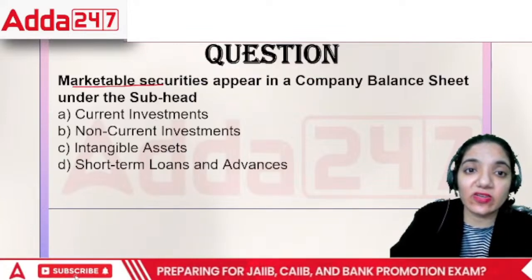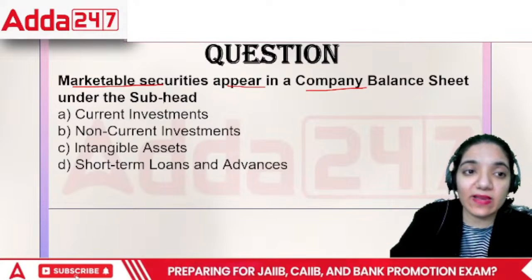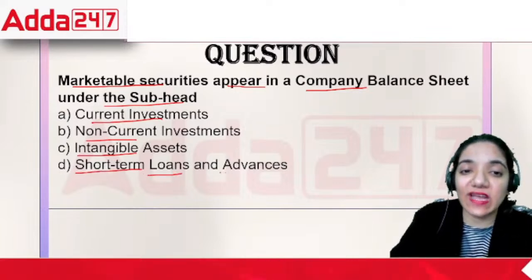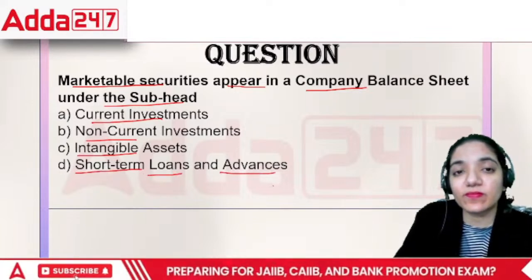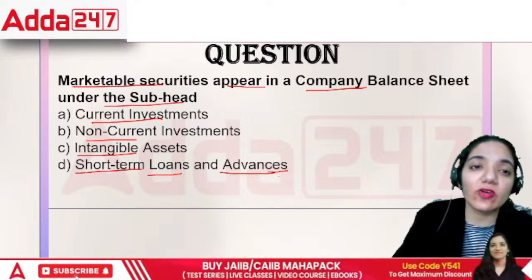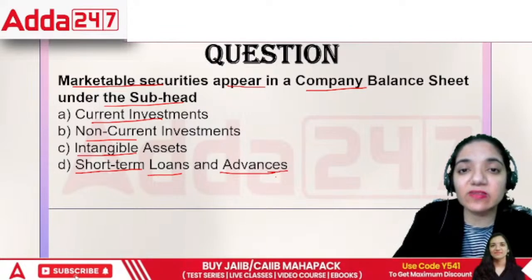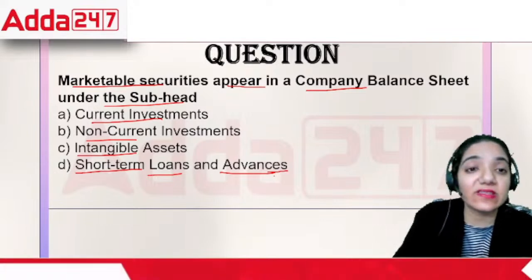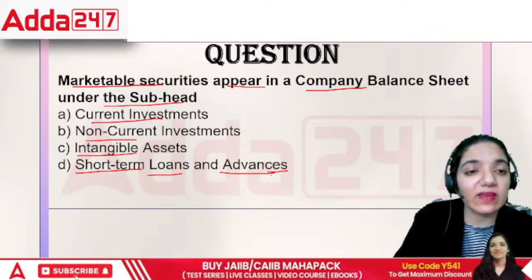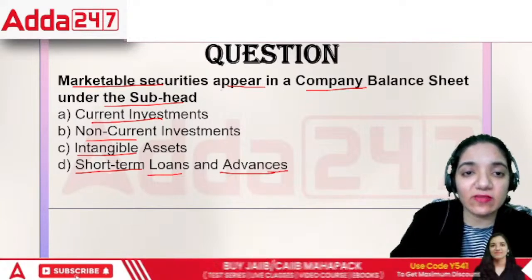The marketable securities appear in the company balance sheet under the subhead of current investments, non-current, intangible assets, or short-term loans and advances. If we talk about marketable securities, they are basically current investments.